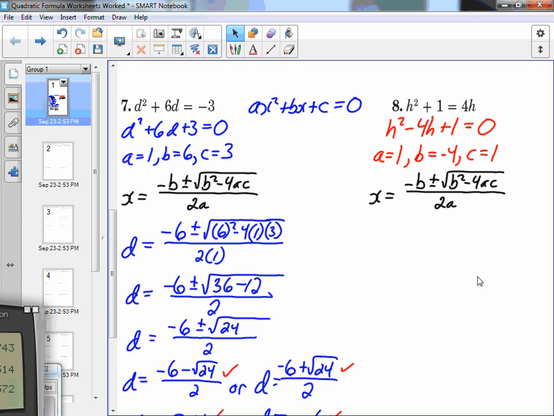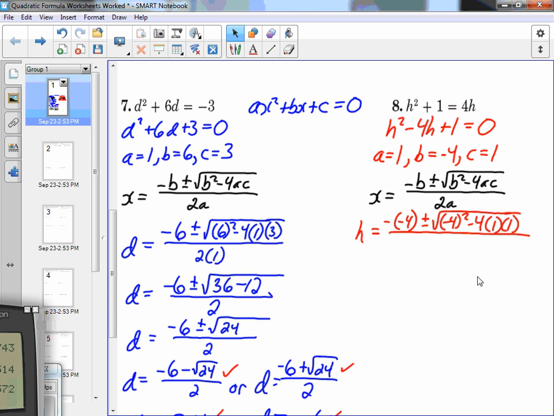All right. So H equals -B. Now that'll be a negative of -4, and that's okay. Plus or minus the square root of. B is -4, so -4 squared minus 4 times 1 times 1.